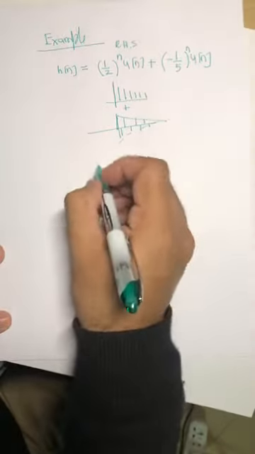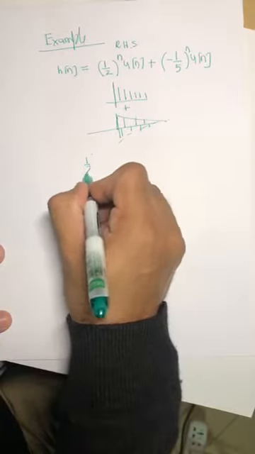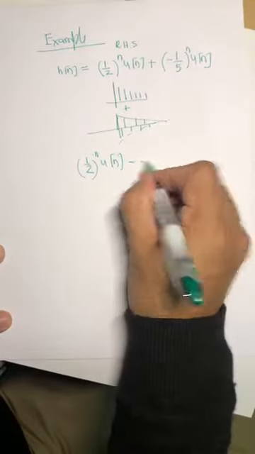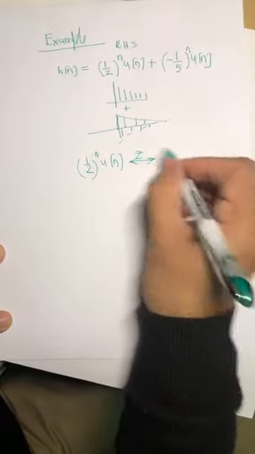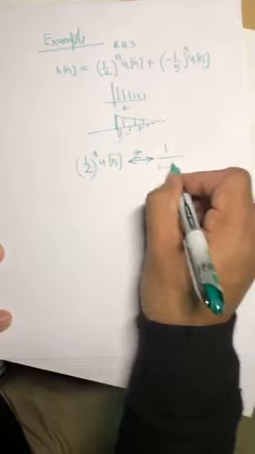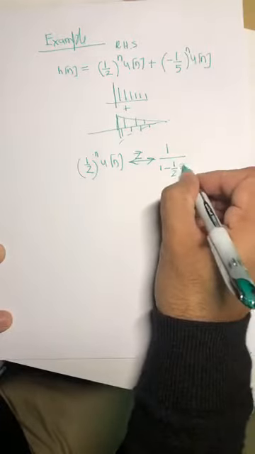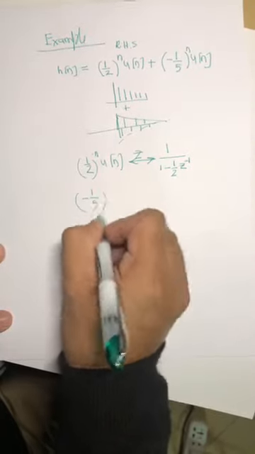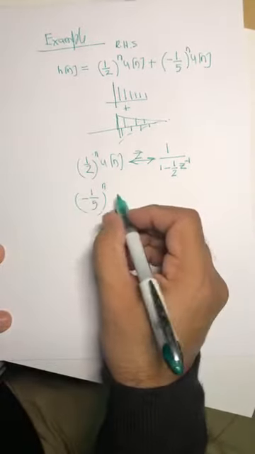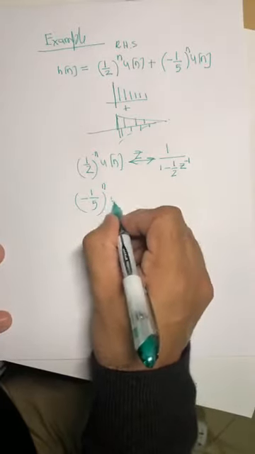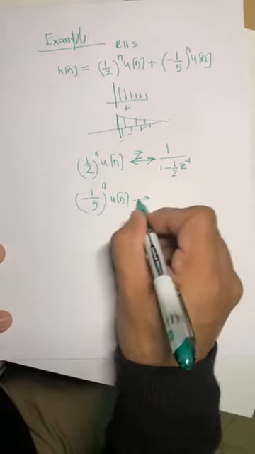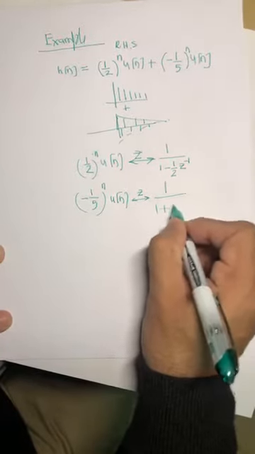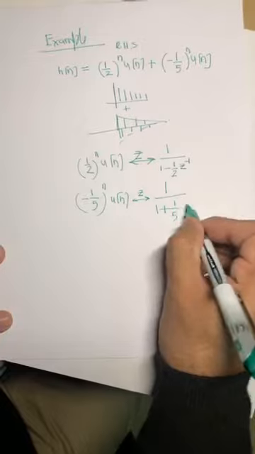So the Z transform of half to the n, u of n is 1 over 1 minus half z inverse, and the transform of minus one fifth to the n, u of n is 1 over 1 plus 1 over 5 z inverse.